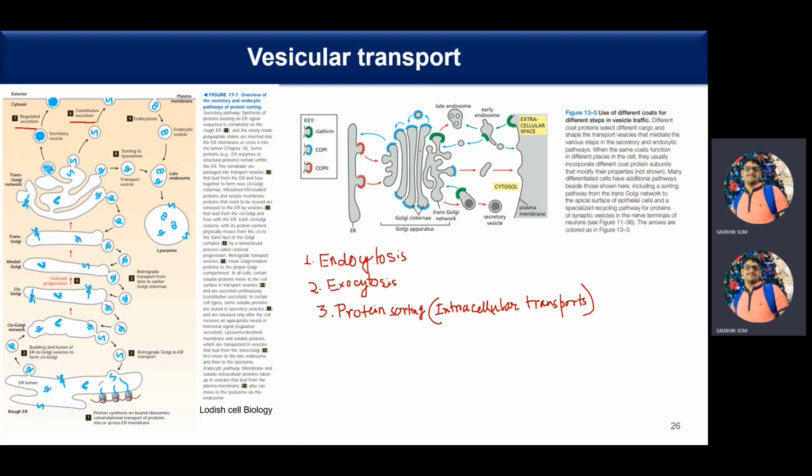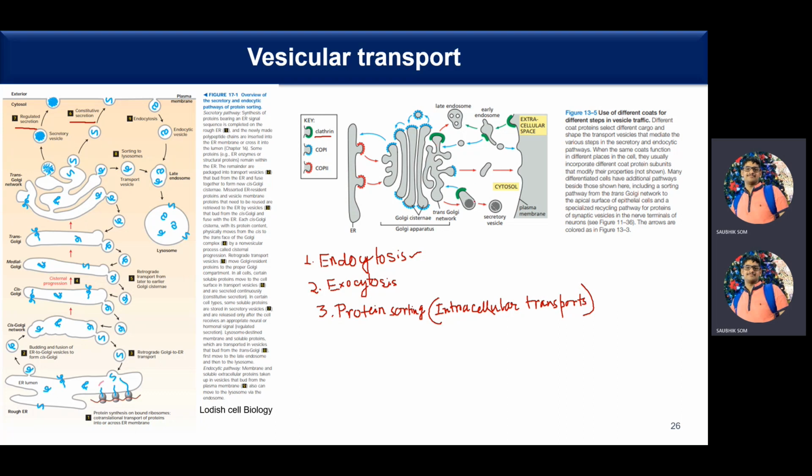So there are different kinds of coats for doing this kind of work. Number one is the clathrin coat. Clathrin coat is used for endocytosis. As you can see here, the clathrin-coated pits are forming and it's getting endocytosed.